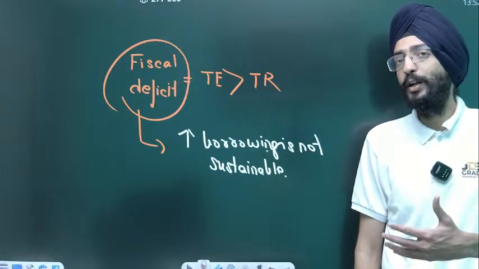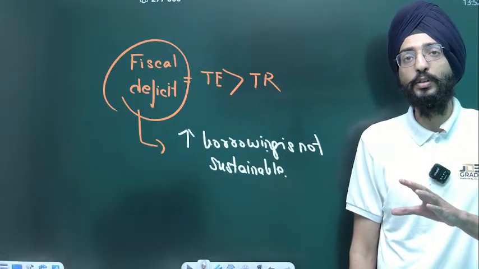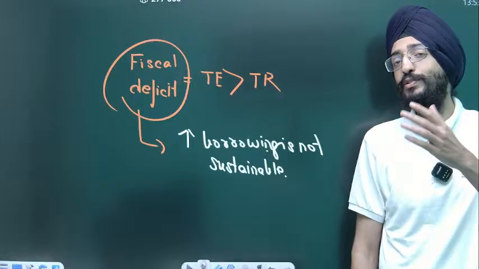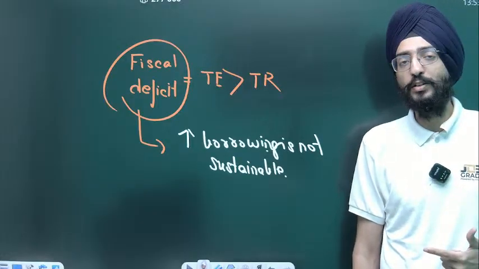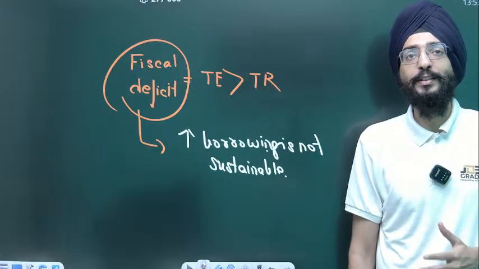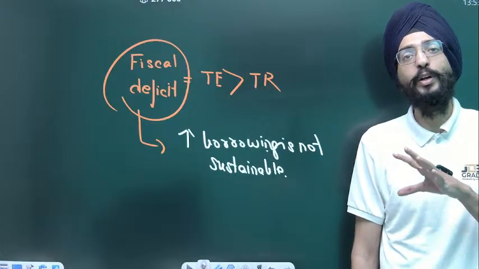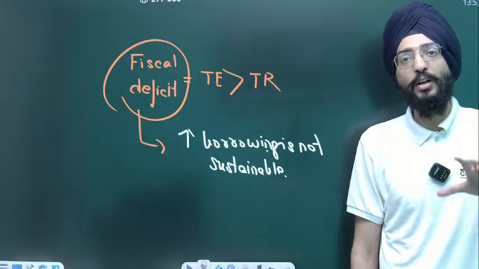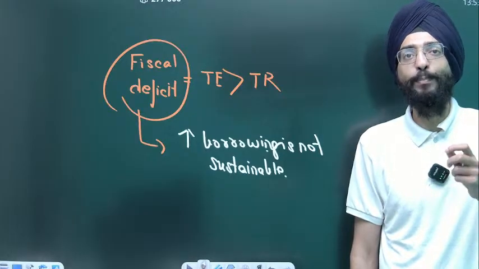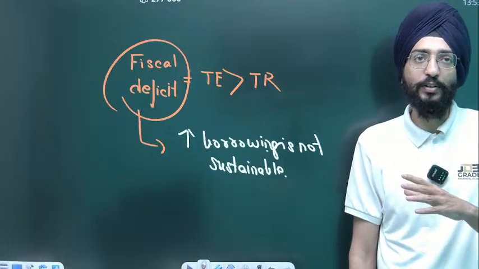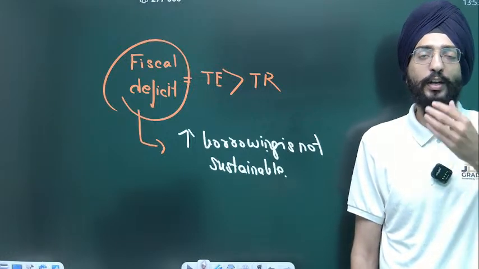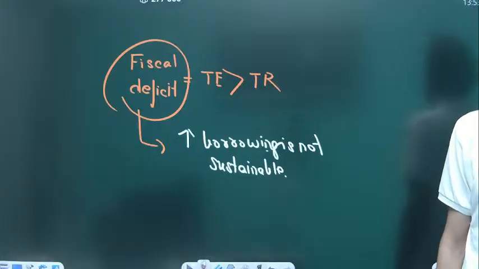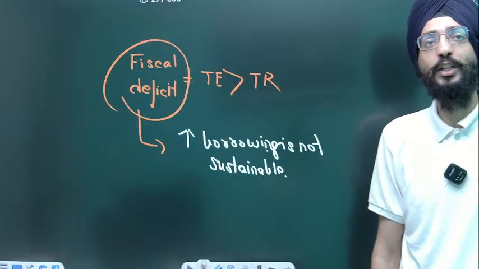It has been under tremendous pressure to repay its interest and its principal amount. That's why it's going through a slowdown. And the Trump administration has been amplifying that recession by imposing a lot of tariff and reciprocal tariff policies in the global economy. I hope you got these points.